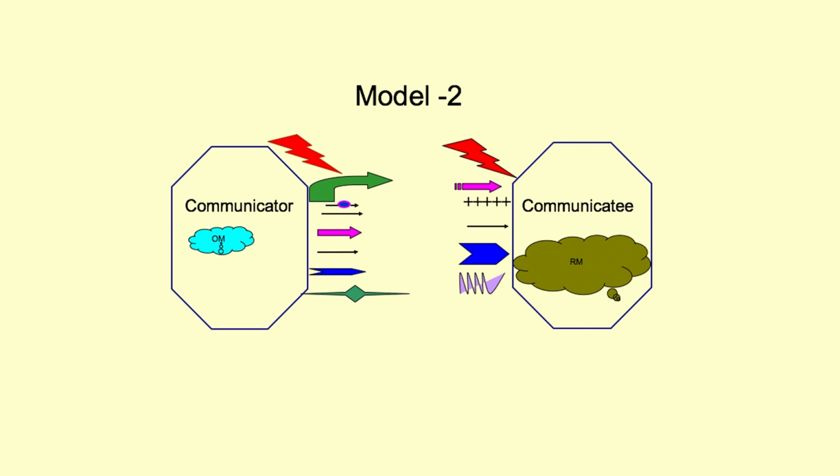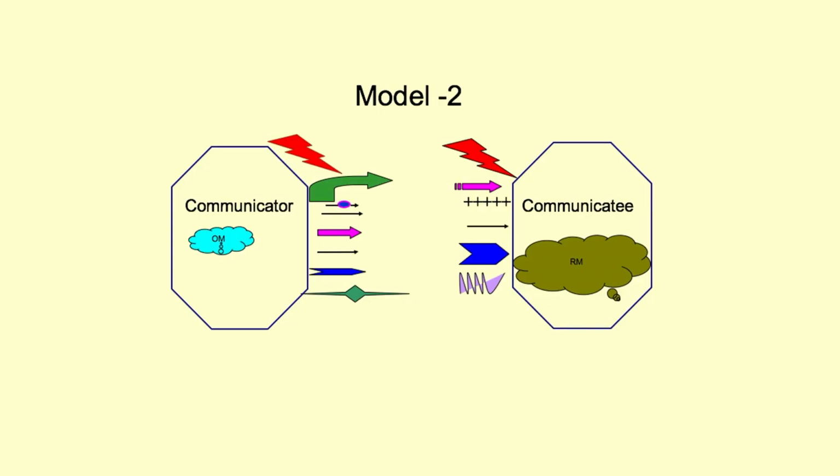In addition to the signs that the communicator has deliberately put out, you have two more sets of signs. One, signs coming out from the communicator, involuntary signs. Two, signs that are not there, but still the communicatee sees them because of his or her internal noise. In addition to all this, this package is subjected to channel interference en route.